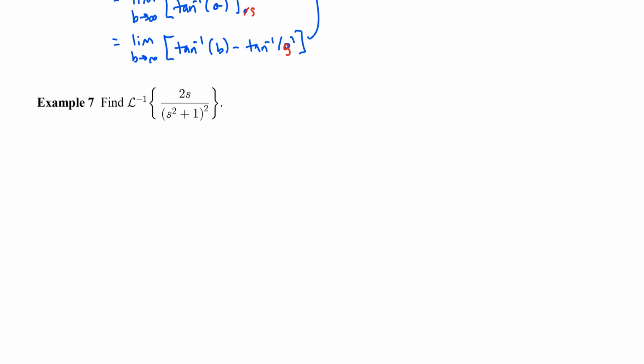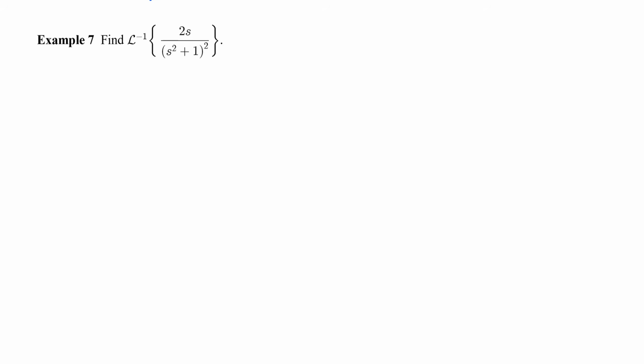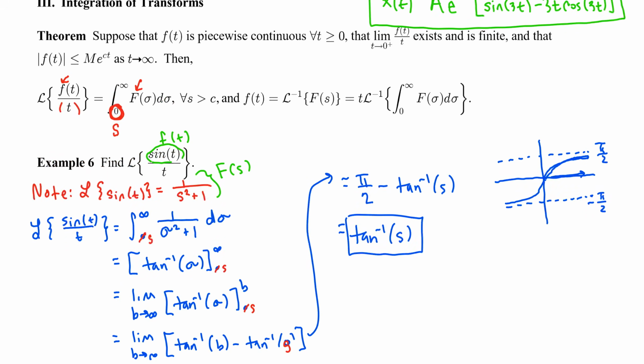One last problem for this section. We're going to go in the opposite direction and find the inverse Laplace transform of 2s over s squared plus 1, squared. So looking at the opposite direction, we're trying to find little f of t. We're going to simplify the process a bit.